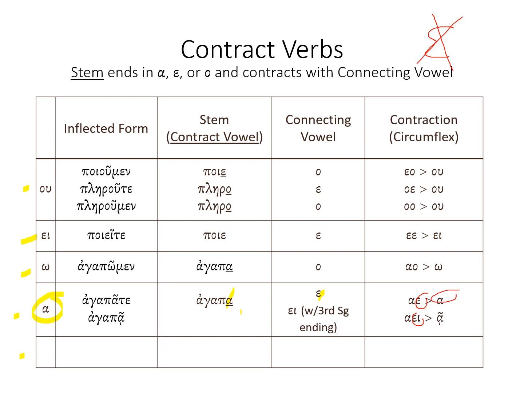And here, this iota is the third singular ending in the present active, and it subscripts right there. That's how we get agapa. If we were going to parse agapa, it's a third singular present active indicative from agapao.